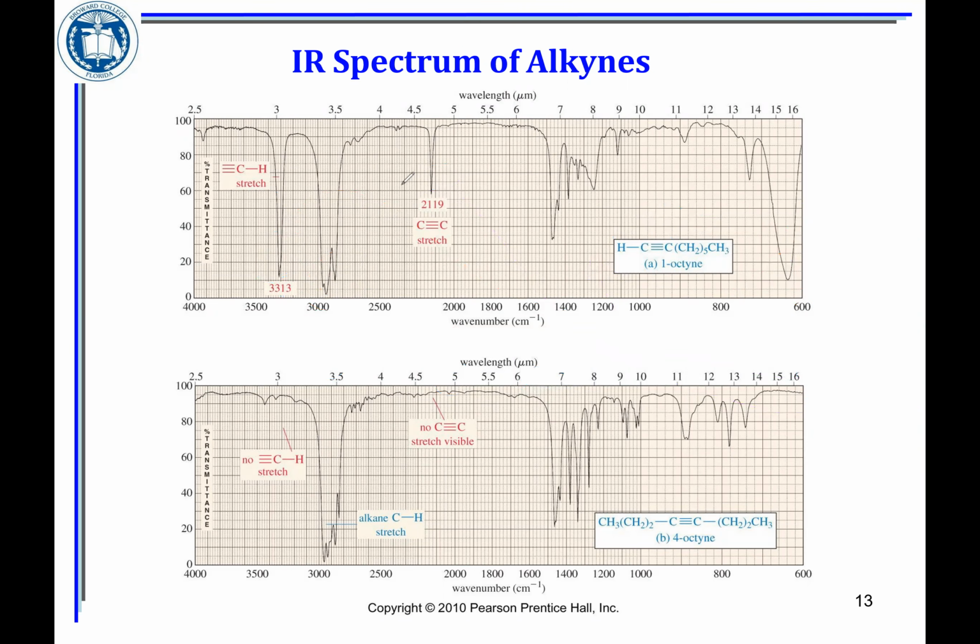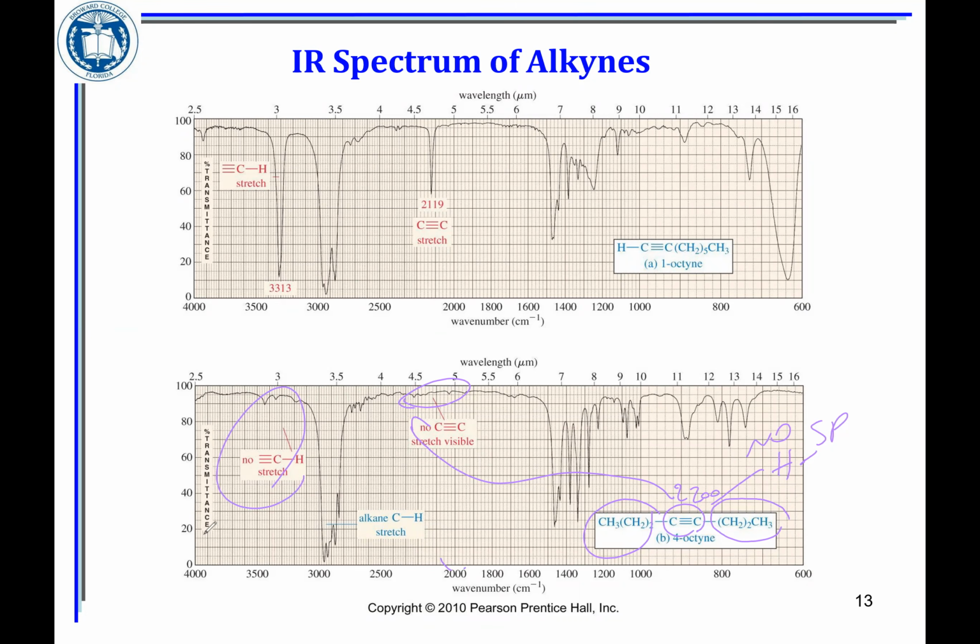I talked about IR active and IR inactive. This is a perfectly symmetrical bond here. The CC triple bond is expected to be at 2200, but when you look at 2200, there is no peak. Basically, because this is perfectly symmetrical, it doesn't even show. And since it is an internal alkyne, there is no hydrogen attached to an sp carbon, so there is no peak here either.